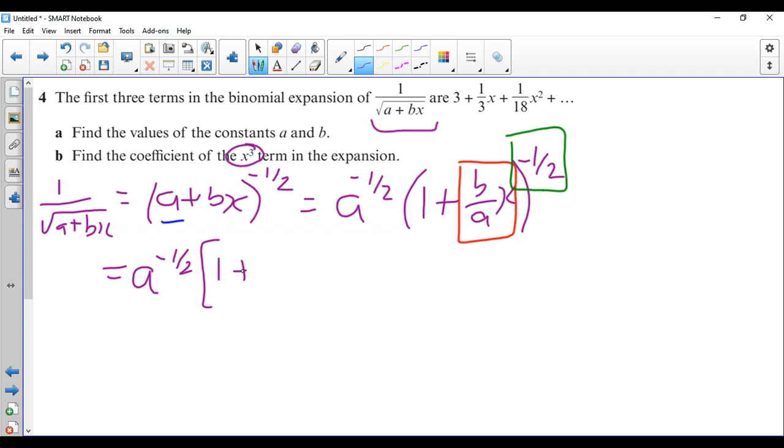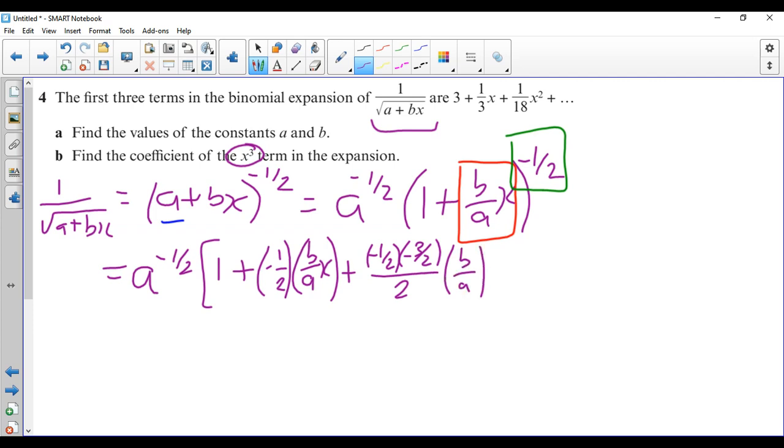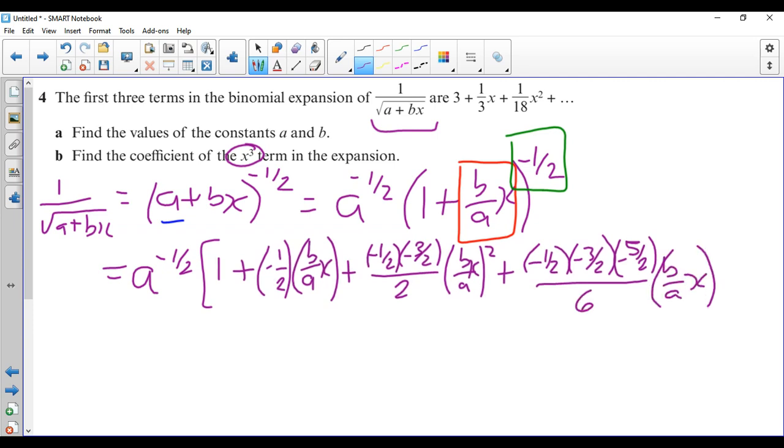So I've got 1 plus n x plus n minus 1 over 2 factorial, or just 2, b over a x squared, plus n minus 1, n minus 2 over 3 factorial, which is 6, b over a x cubed.